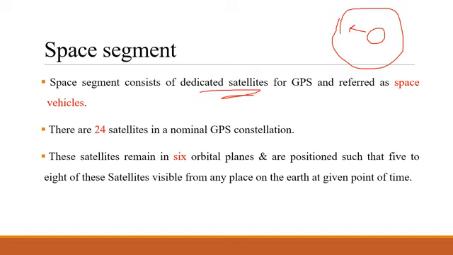And in this space, different satellites are moving. For example, satellite 1, satellite 2, satellite 3, satellite 4, satellite 5, 6, 7, 8, 9, 10, etc. up to 24, and it can also be greater than 24. These satellites are known as space vehicles.